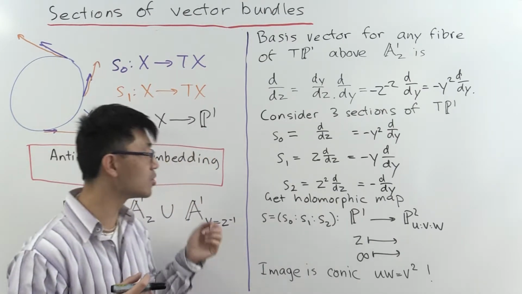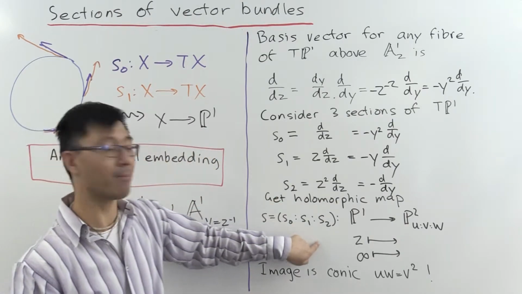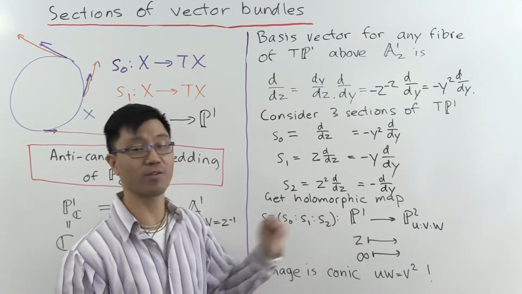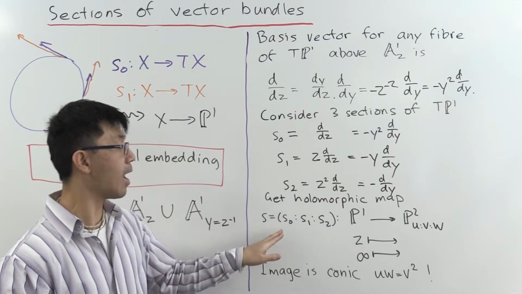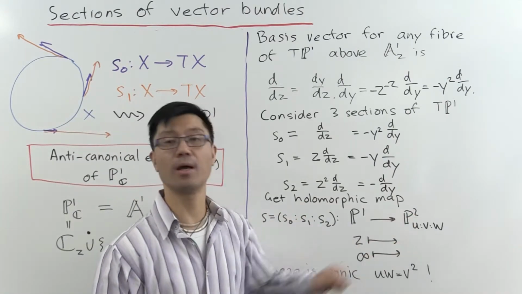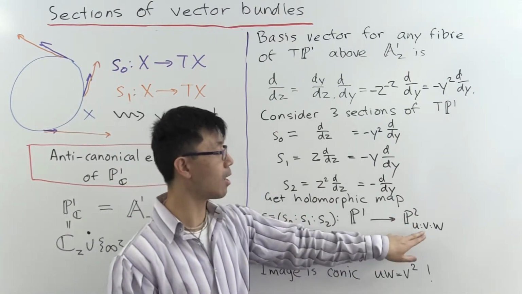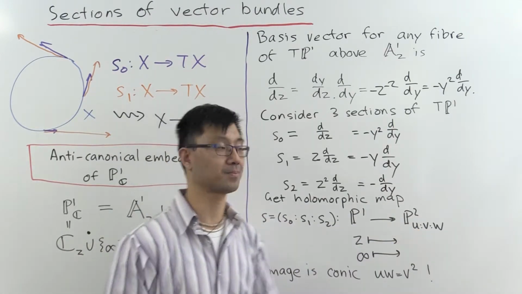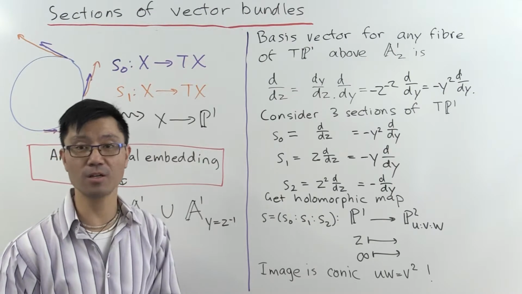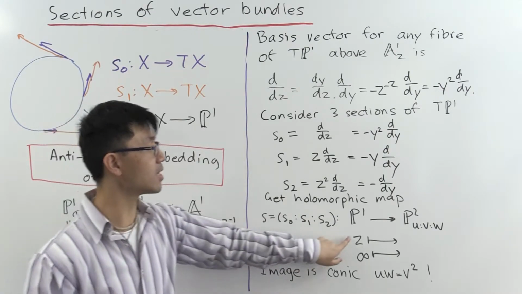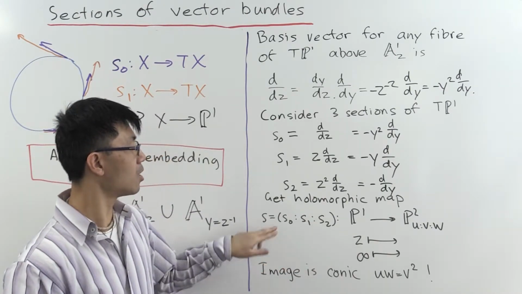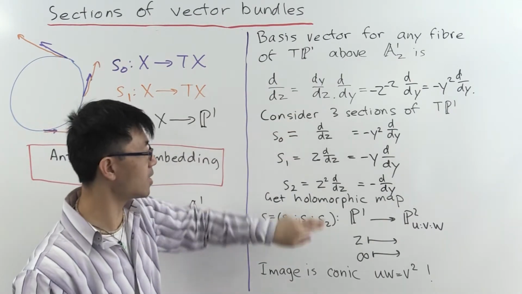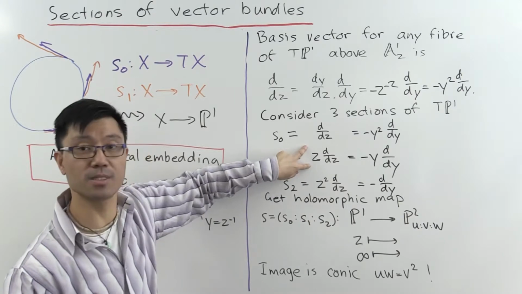So what does that allow us to do? We can form a map from P1 using S0, S1, S2. You just look at the ratio of these 3 and map it over to P2. And let's suppose our P2 has homogeneous coordinates u, v, and w. Okay, so let's see how that goes. Where does a point z go to? S0 of z is just given by this basis vector d/dz. S1 of z is z times d/dz.